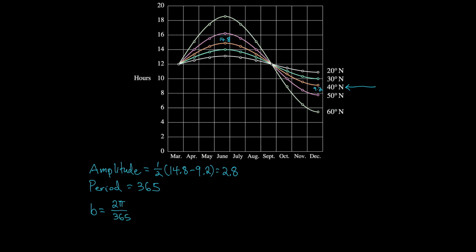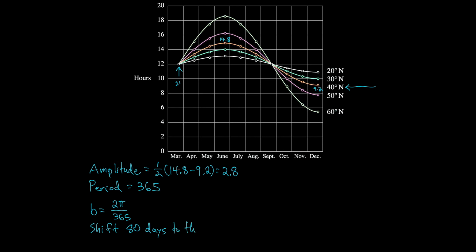And then we're going to shift, it looks like, because we're not starting at January. We're starting around, it looks like, over here is where we start. For our x value, it looks like, let's say, March 21st, maybe. So that's 80 days into the year, so let's shift 80 days to the right.